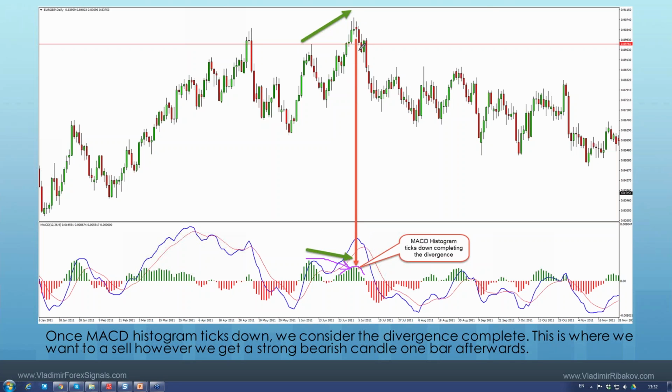Then you are waiting for the false break to complete. When it completes on this candle, when it closes below. So sometimes divergence would be activated before the false break. Sometimes the false break before divergence. They have to be both.